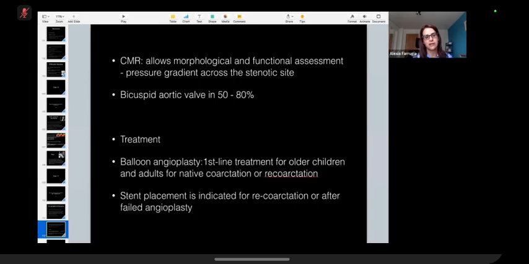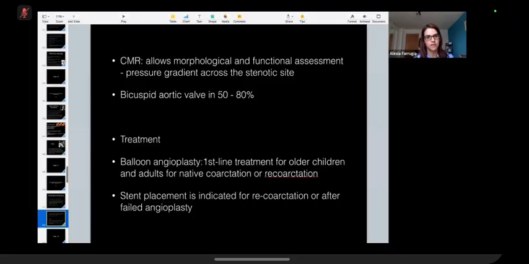And the treatment, first line, is balloon angioplasty for older children and adults, or for patients with recoarctation. And stent placement is indicated, as in this case, for patients who have recoarctation or after a failed angioplasty, as happened with this gentleman.